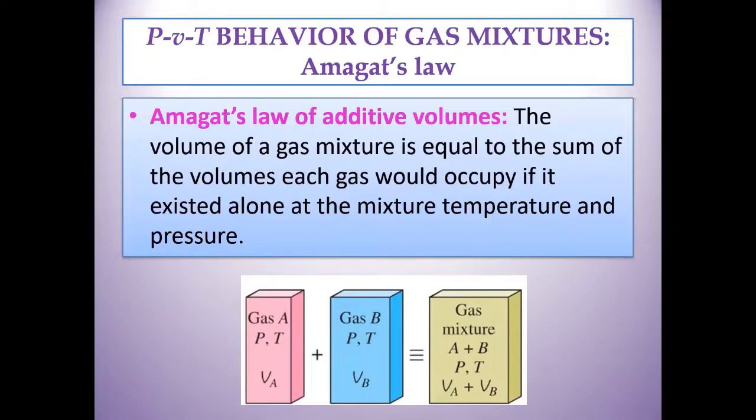So the pressure of gas A is the same as the pressure of gas B, and both are the same as the pressure of the mixture. But each gas is assumed to occupy a partial volume. When you add those partial volumes, you get the total volume of the mixture. So VA plus VB is equal to the volume of the mixture.